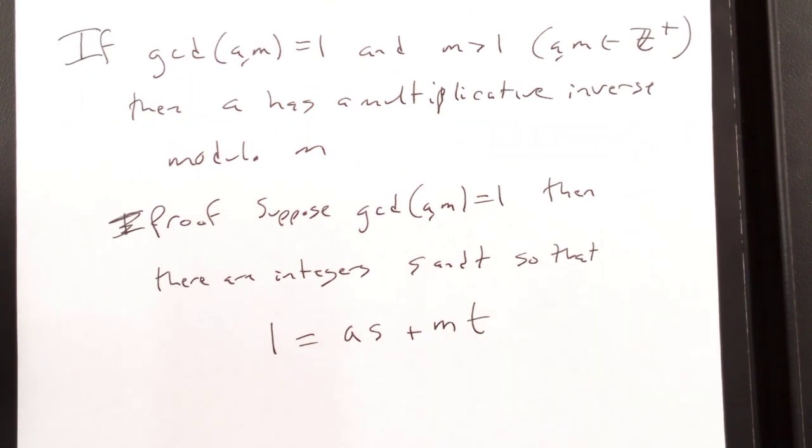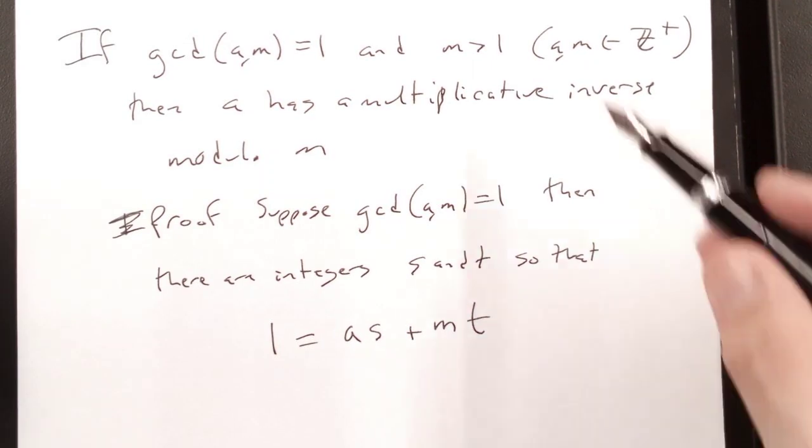Wait a minute. I'm going to do a mod m on both sides. If I do a mod m on the left, what do I get? 1. Because 1 mod any number other than 1 is 1. And we know that m is bigger than 1.